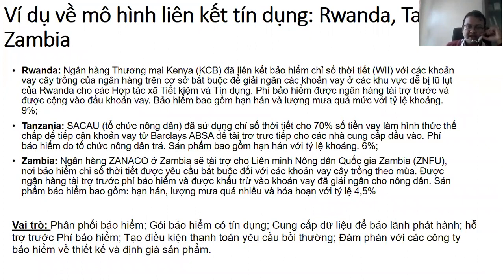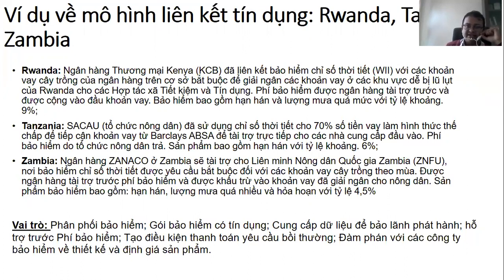When they're giving out specific agricultural loans, insurance has also been there on a mandatory basis. What's interesting is that sometimes these products have been initiated by the financial institutions, and sometimes they've also been initiated by the farmer organizations.